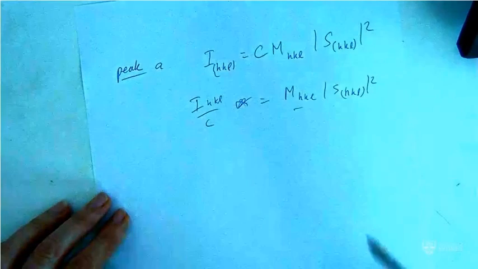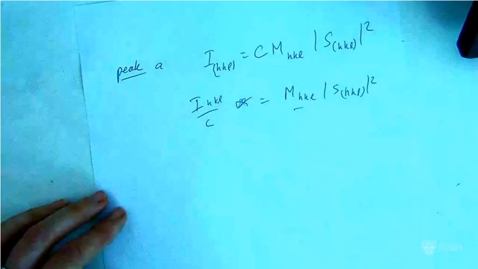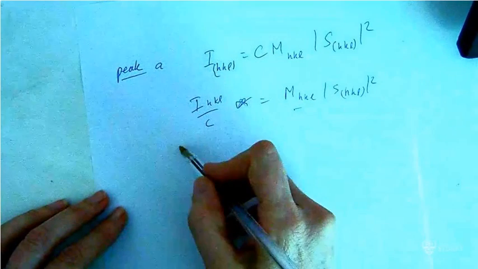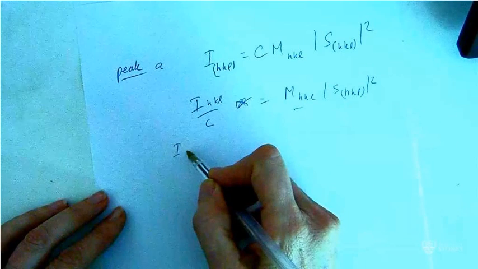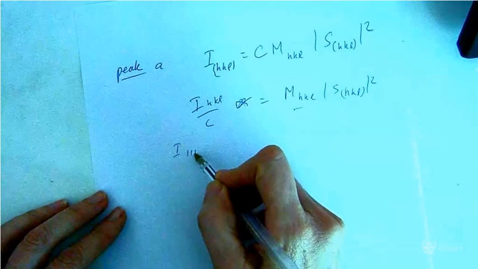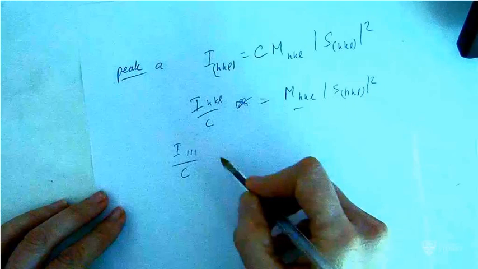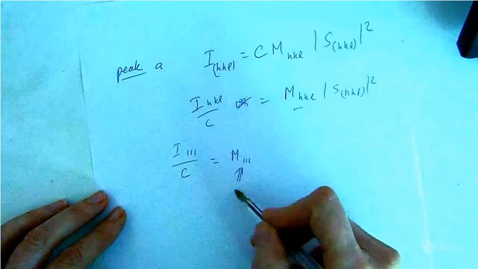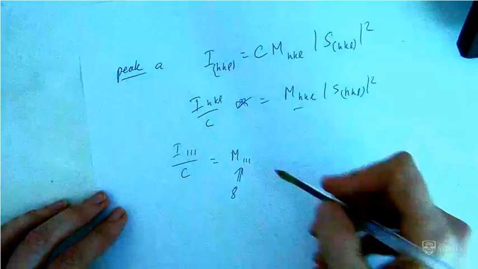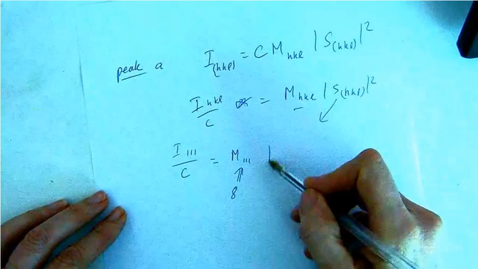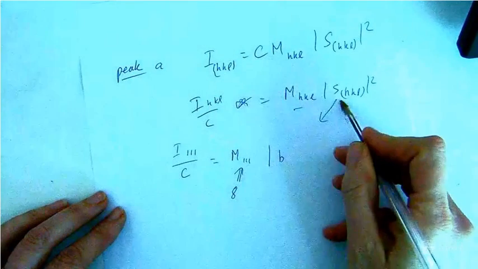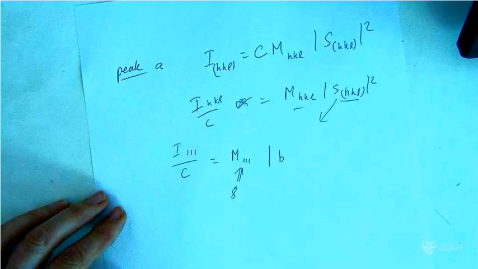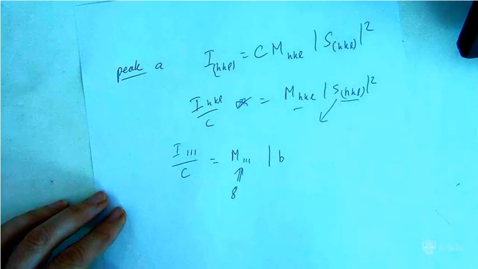If we focus on peak A, which was the scattering from the 1, 1, 1 plane, M_111, remember, was 8. So that already gets us the 8. Now we just need to work out the structure factor in this bracket here.